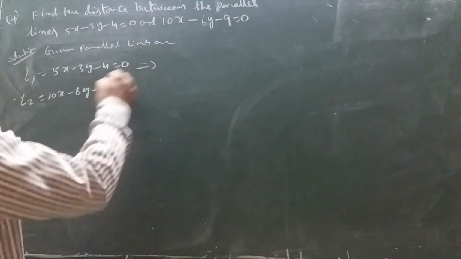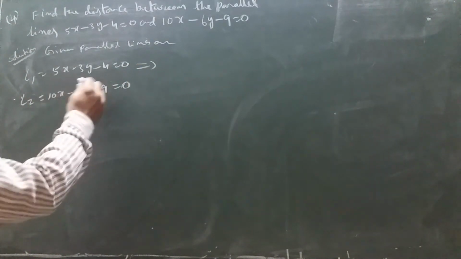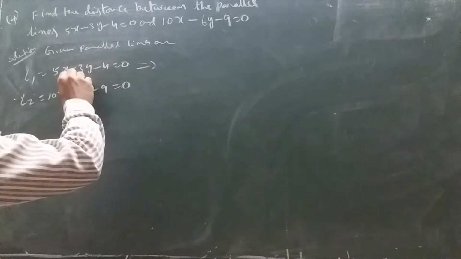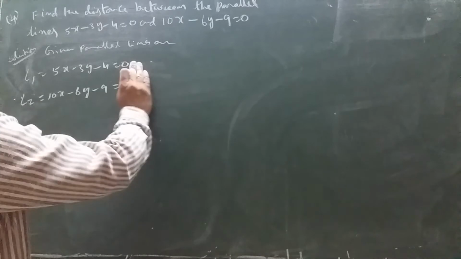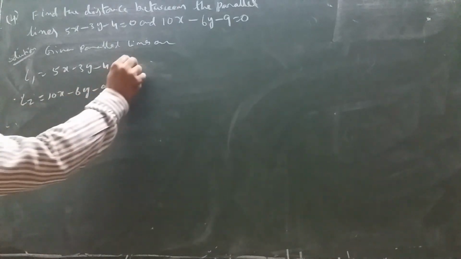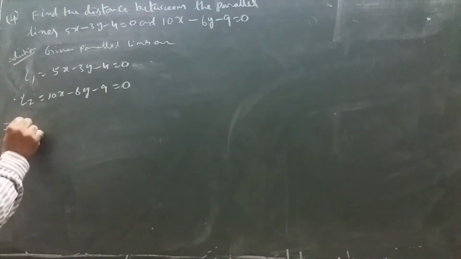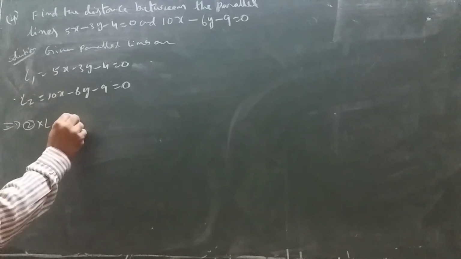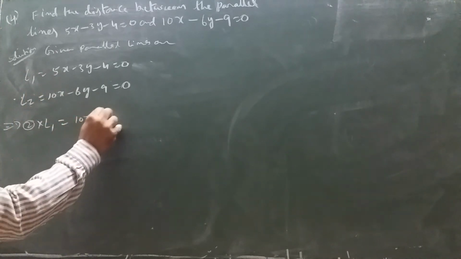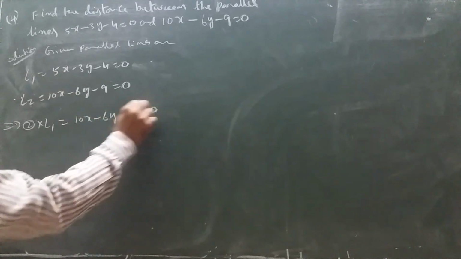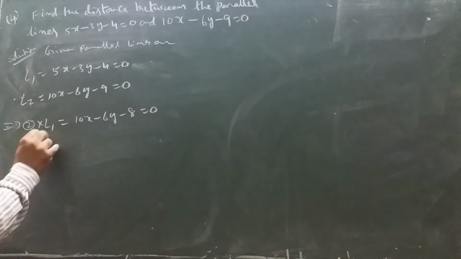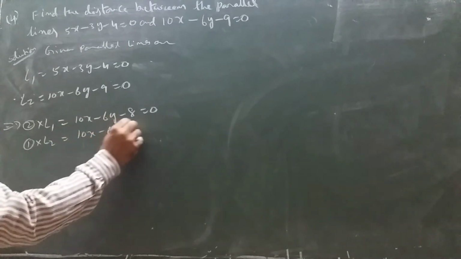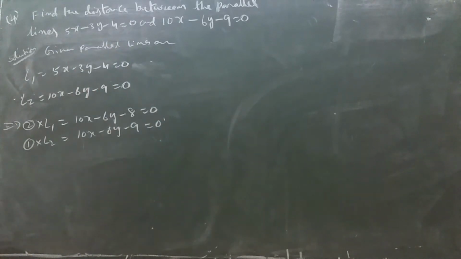That implies by multiplying L1 by 2, this equation becomes 2 L1 is equal to 10x minus 6y minus 8 is equal to 0, and 1 into L2 remains 10x minus 6y minus 9 is equal to 0.